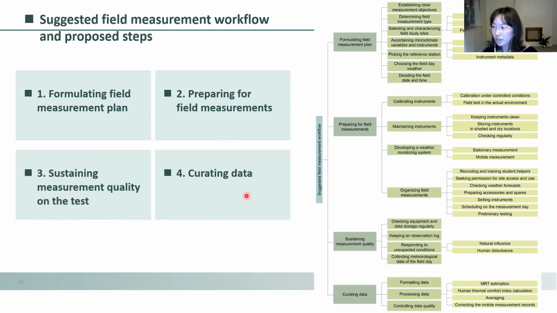For each step, we list all the detailed hints, precautions, and recommendations that we thought are important and cannot be omitted. But today, because of the limit of time, in this presentation I will mainly introduce what we provided in the guideline paper, and I will not mention the small details here.